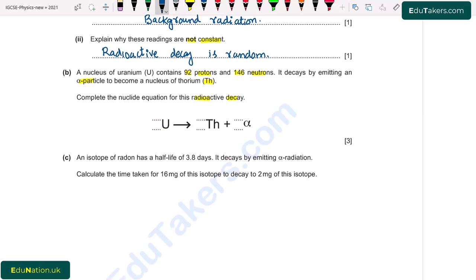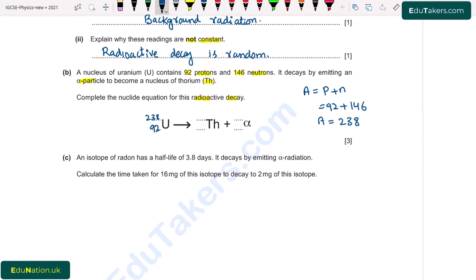As the number of protons is equal to the atomic number, it will be 92. But the mass number is the sum of protons plus neutrons, 92 plus 146. That's why the mass number of uranium is 238. So I write here 238.